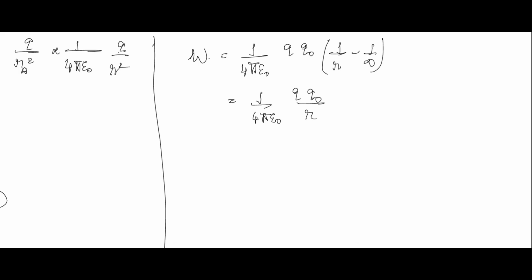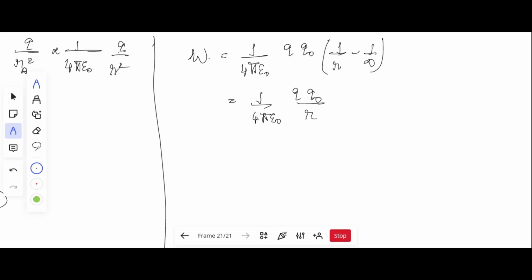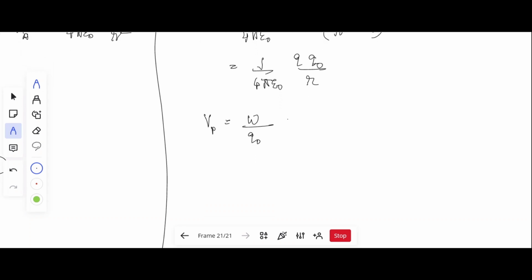Now, to calculate the electric potential at the point P, we use the relationship that the work done per unit charge in moving a charge from infinity to the point P is equal to the potential at that point. So, the potential at the point P, Vp, is work done per unit charge, which would be 1 by 4 pi epsilon naught q naught by r into 1 by q naught.